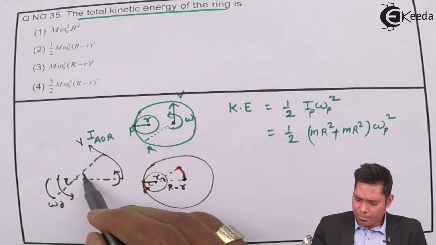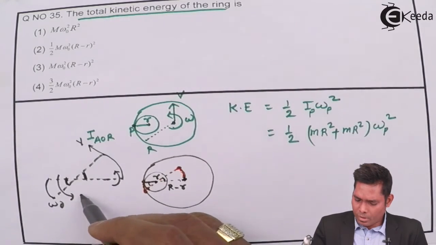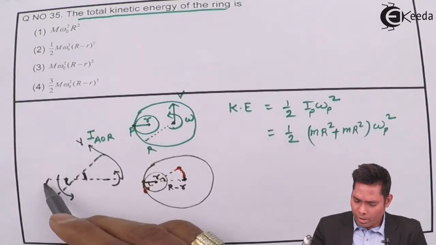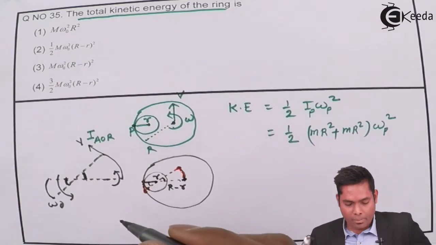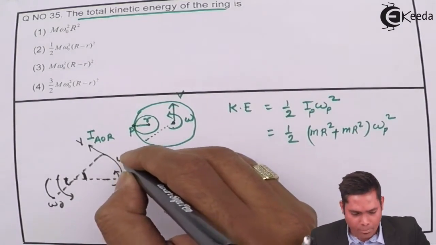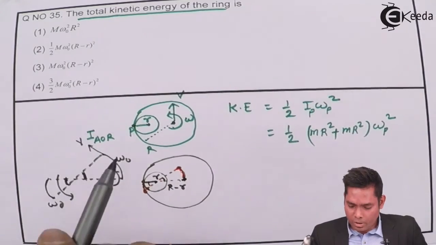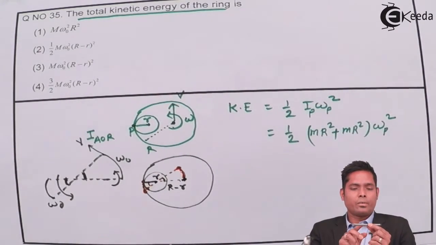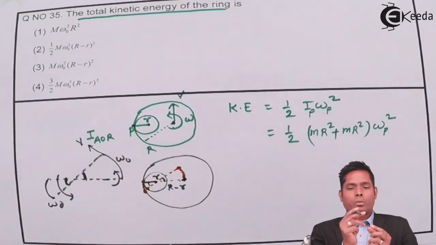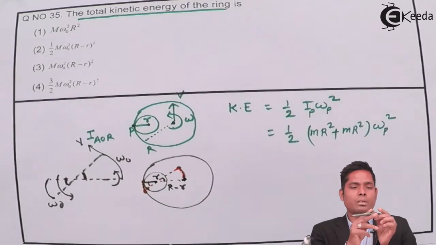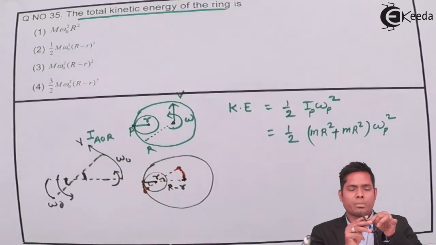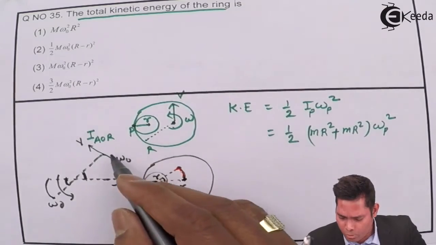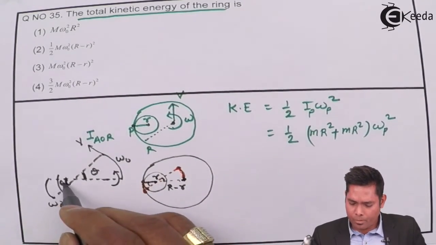If the angle is same, then their omega is found to be same. This omega has to be same, because if I have a situation like that, this part will cover less distance, but this part will cover more distance, but still the angle remains same, the angular velocity will remain same. So here this will also rotate with omega, because theta being same.